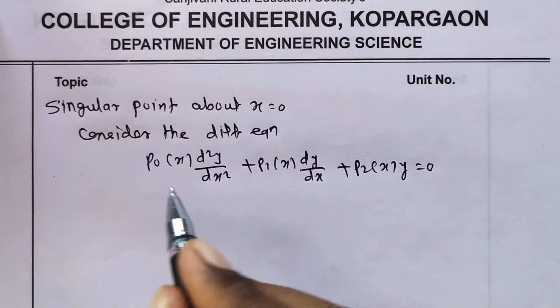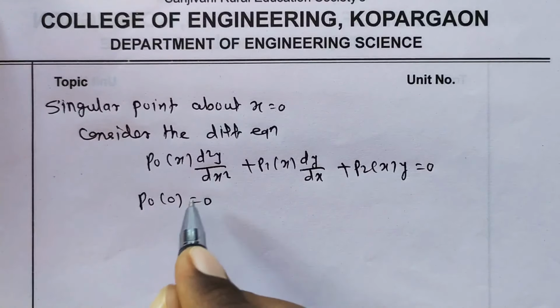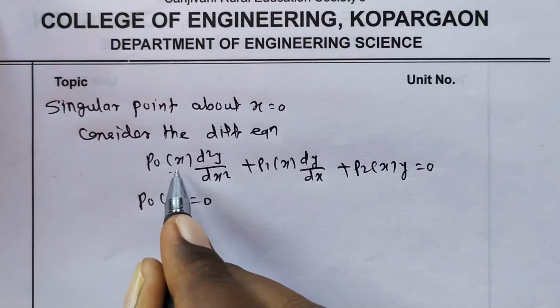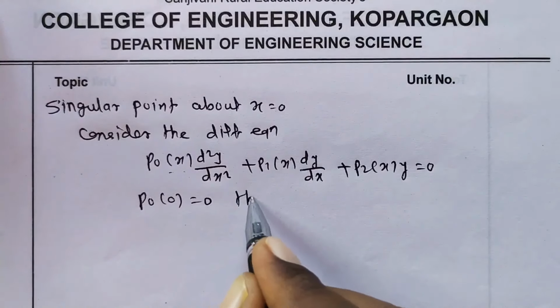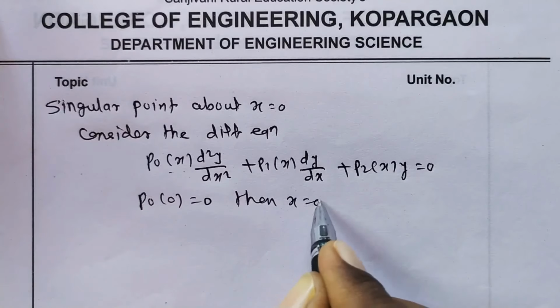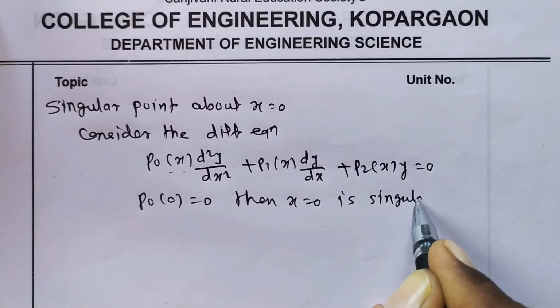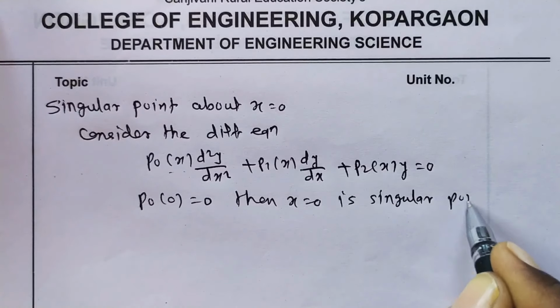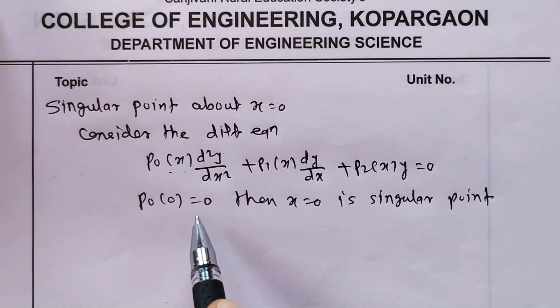So here if we get p0 of 0 equal to 0, means the value of p0 of x at x equal to 0 is 0, then we can say that x equal to 0 is a singular point. And if p0 of 0 is not equal to 0, then that point is called an ordinary point.